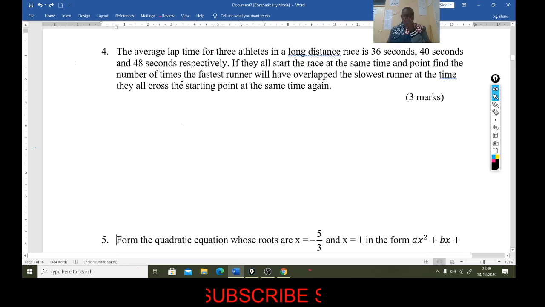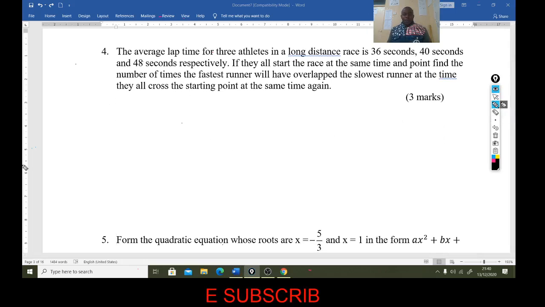The average lap for three athletes in a long distance race is 36 seconds. This is what this person goes in one lap, 36 seconds.